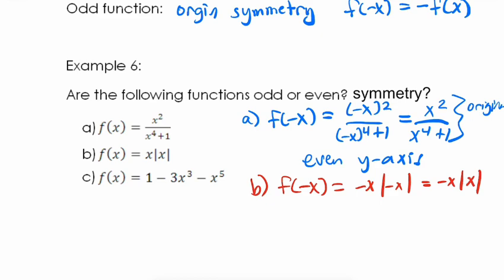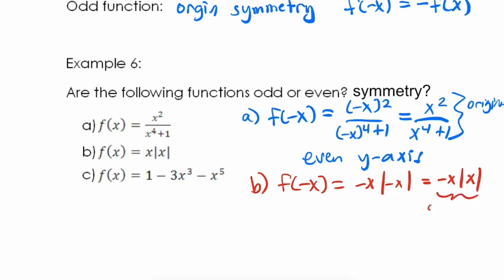Now the negative on the outside does, right? So would you say that this is the opposite of the original? It's like I multiplied negative 1 by the original. When that's the case, it's odd with origin symmetry. So if it's the opposite of the original, it's going to be odd with origin symmetry.